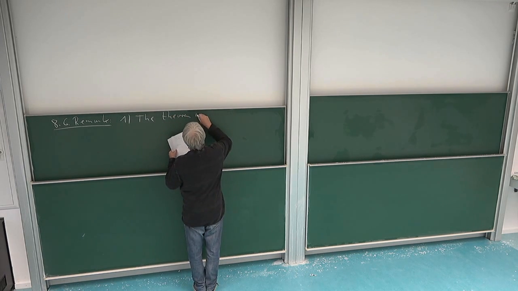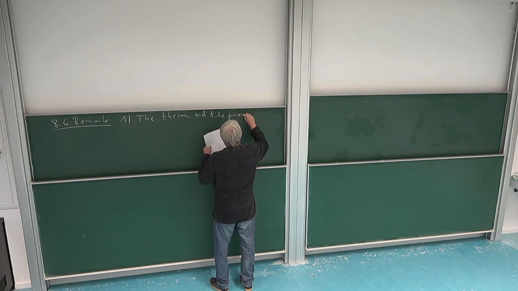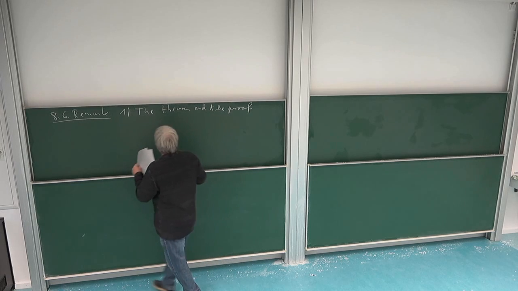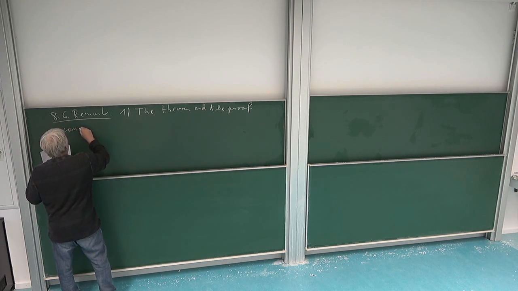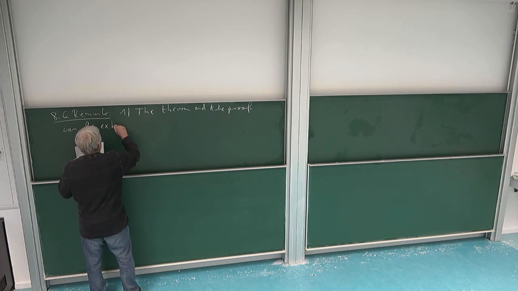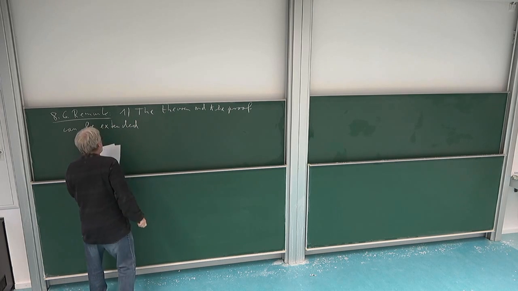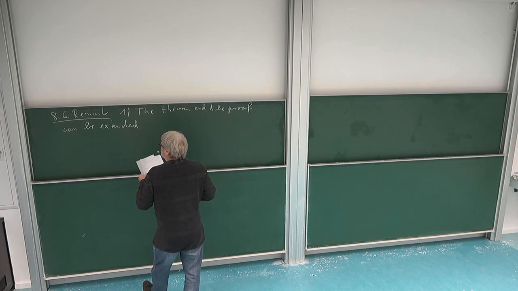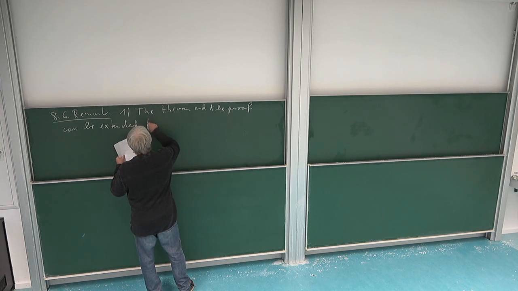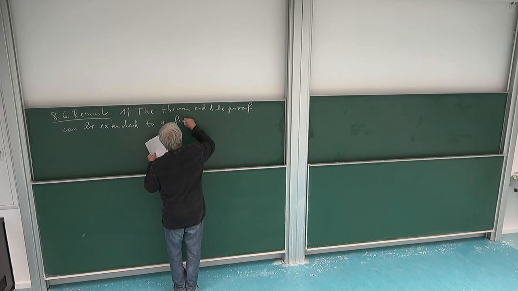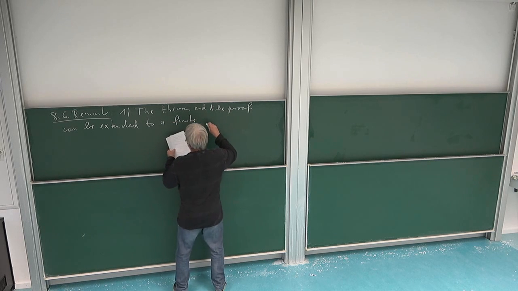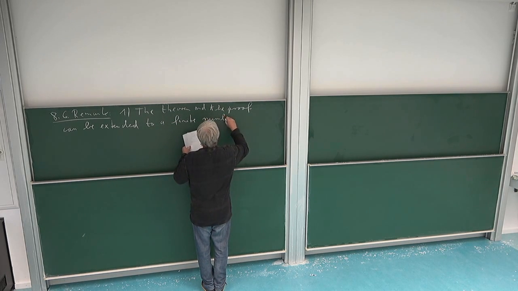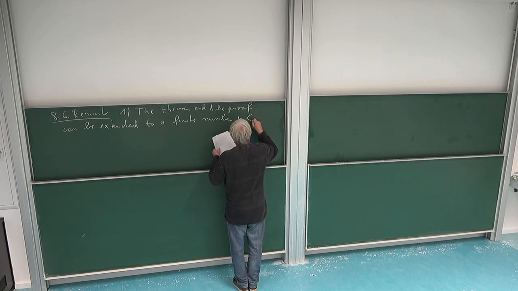The theorem and the proof of this uniqueness theorem can be extended, and actually was, going back to those old times, to a finite number of degrees, let's say n, but n is less than infinity.